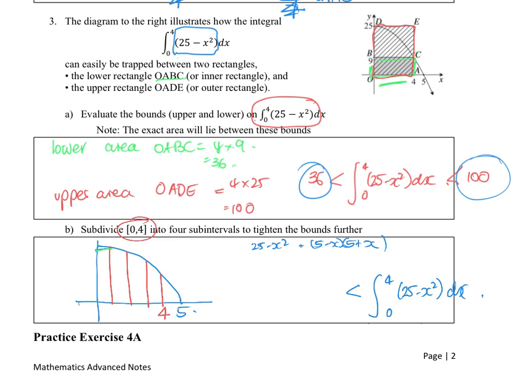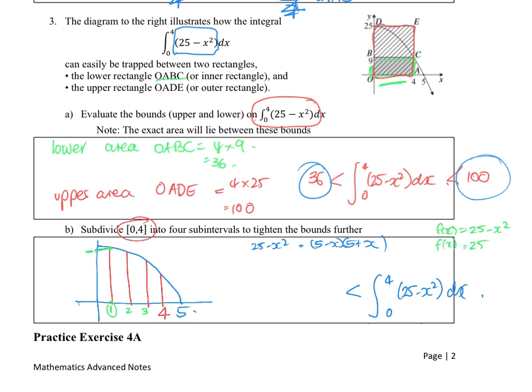Okay, so what would be this x value here? 1, 2, 3, 4. If I put 1 in, that'll give me the height. So if f(x) equals 25 minus x squared, what will the height of that be?